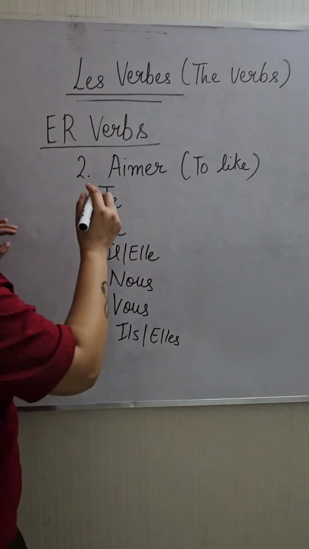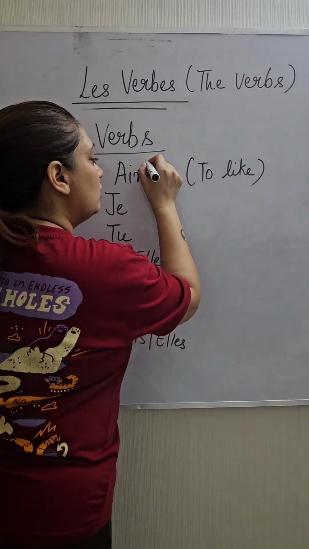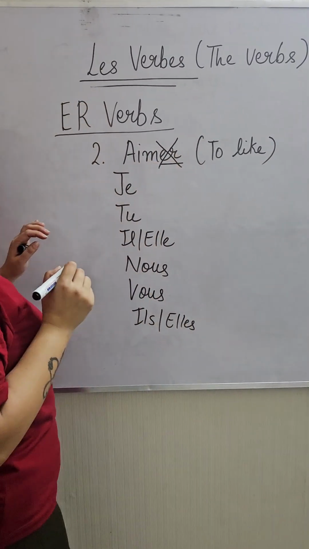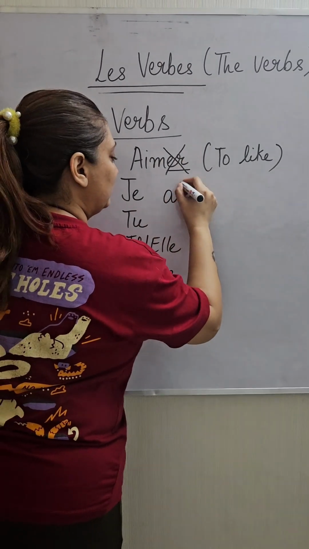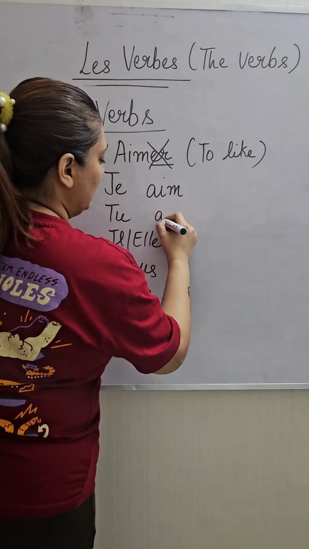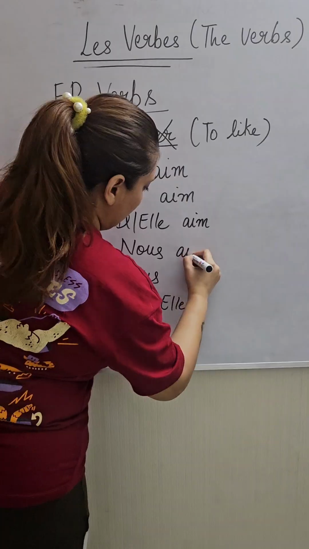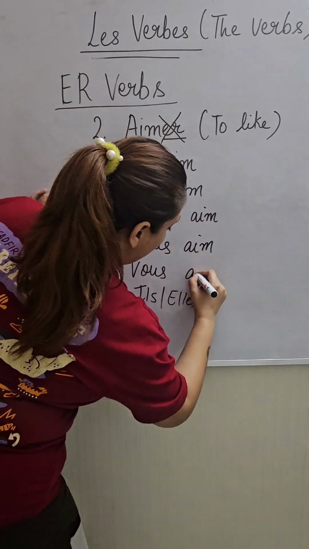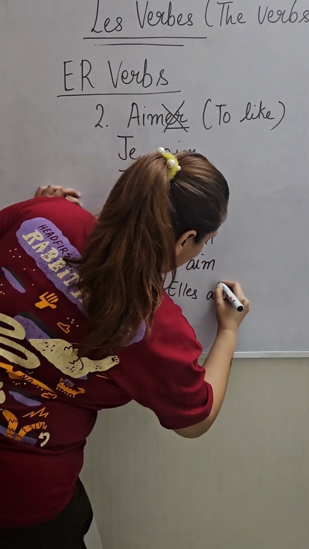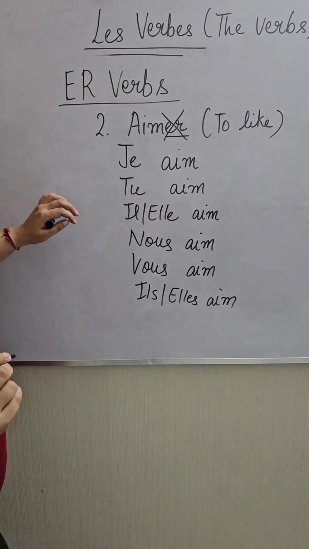Now what was the rule? The rule was to remove this ER and pick up the prefix. This is AIM. I'm going to write it with all the subjects. AIM, AIM, AIM, AIM.